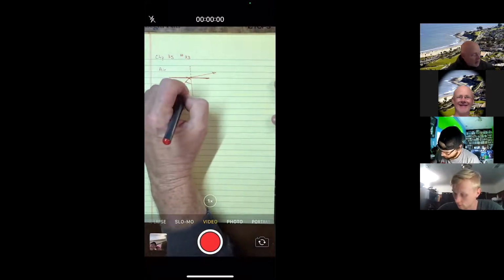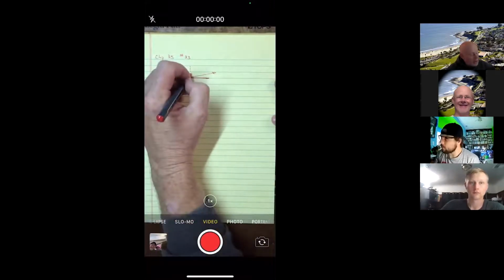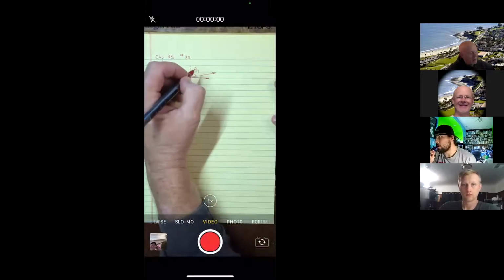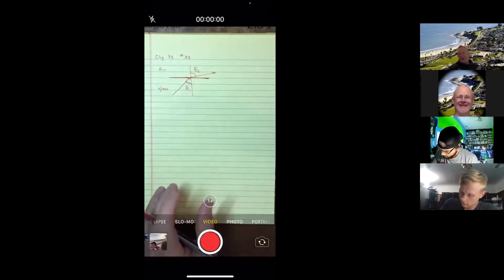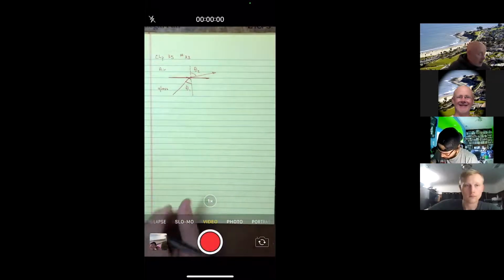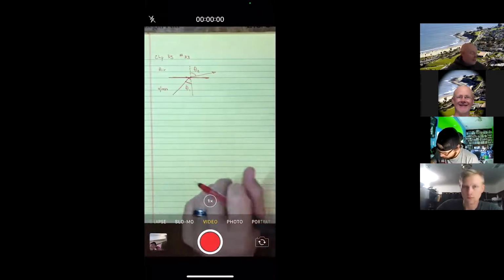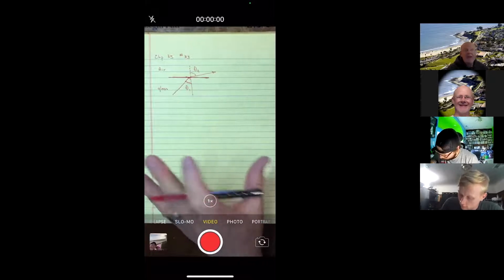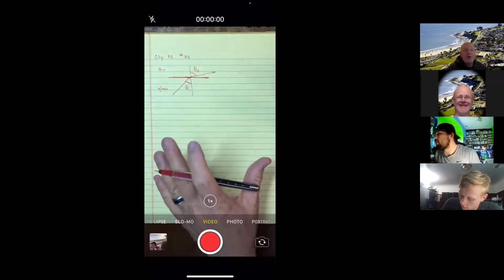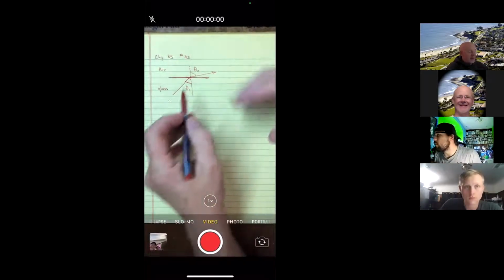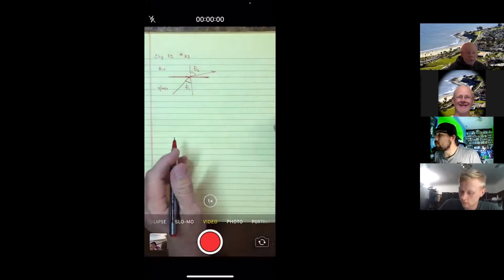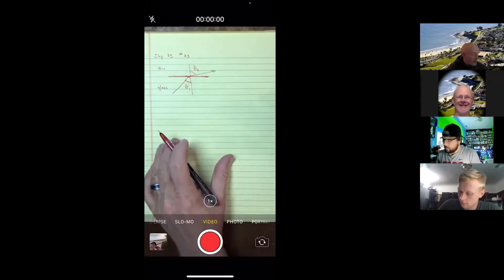The angle coming in we call theta 1. The angle coming out, the refraction angle, we call theta 2. And only if you are bending away from the normal, only if you are going from slow to fast, so from glass to air, this would work. But from air to glass, it would not work.